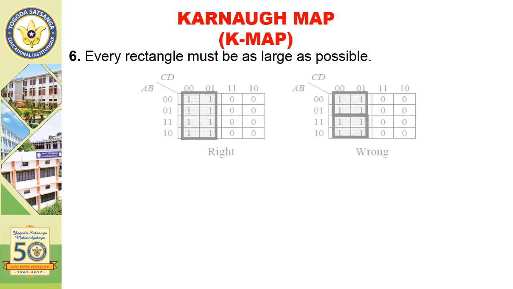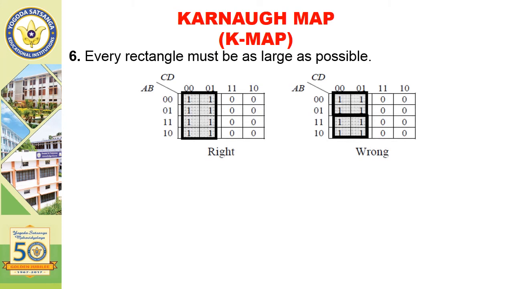Just like in the right figure we must group 8 cells as one group, but in the wrong figure we create a group of 2 with 4 cells, which is wrong, because if we group 8 cells at a time, we avoid grouping of 4 cells in 2 different blocks.